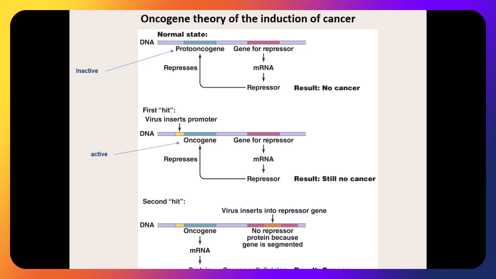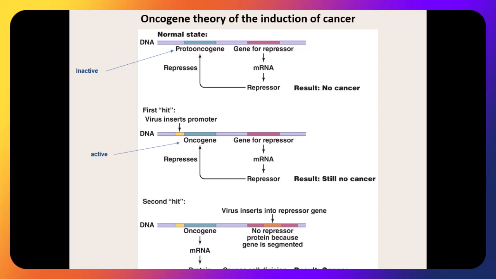We also have repressor genes, which means they repress or stop cells from dividing. If the repressor gene is here and it's present and nothing's interfered with it, will cells divide? No, because it's repressing cell division. So we're good, no cancer. But what can happen is if you get a virus, and not all viruses can do this, but if you get a virus infection and the viral DNA incorporates into our DNA, because these are snippets of our DNA, let's say it incorporated right there.